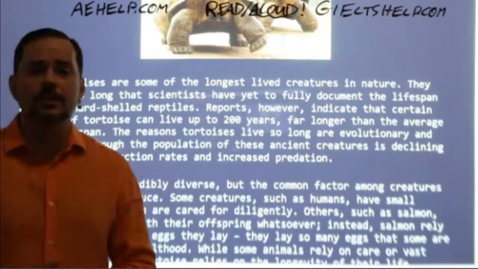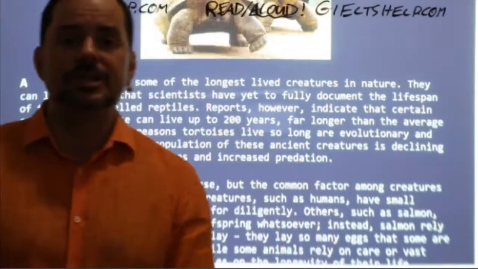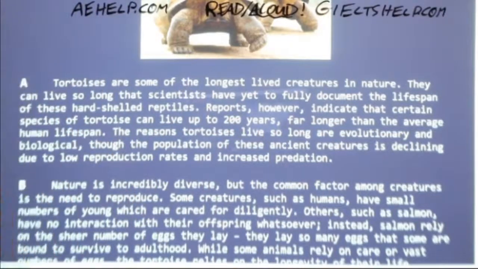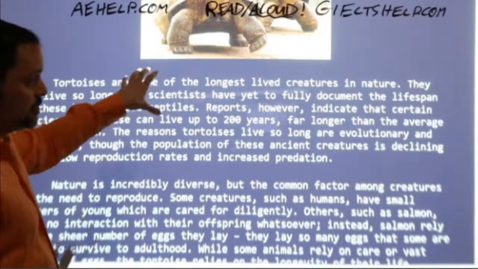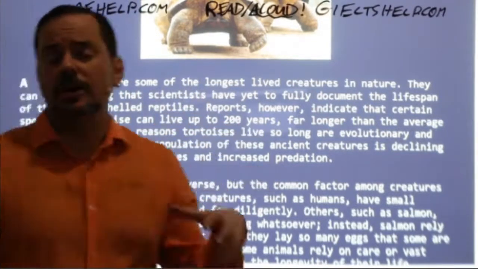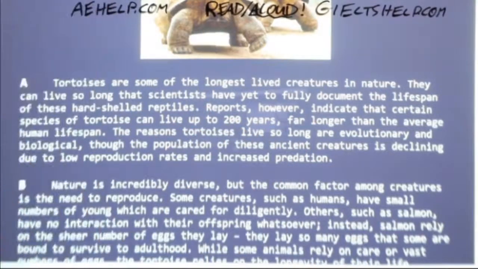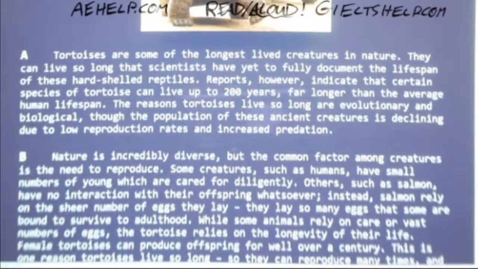So let's read together. Again, remember to read aloud and respect punctuation. So commas, periods, okay? Now, the reason we're doing this for each paragraph, and of course the whole essay, but each paragraph, is because each paragraph contains its own information, right? So let's do this. Let's start with paragraph A.